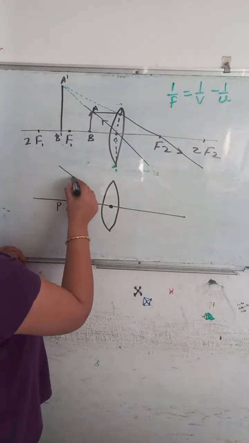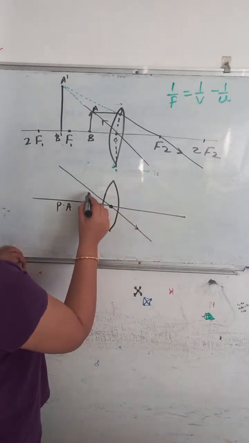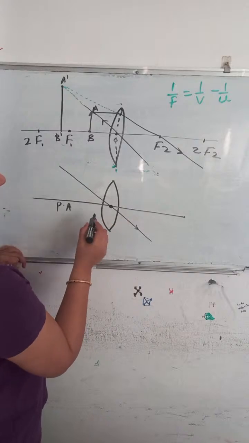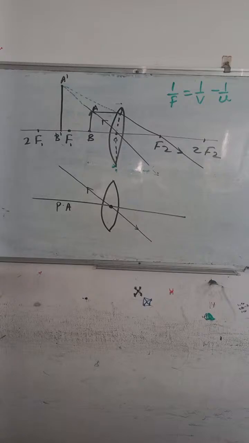The ray which is traveling from the object, passing through this optical center, is not refracted, so it retraces the same path. That point is called the optical center. This is the answer of the first bit. If you take concave or convex, the optical center is a point where the ray of light is not deviated. It retraces back the same path. That is called the optical center.